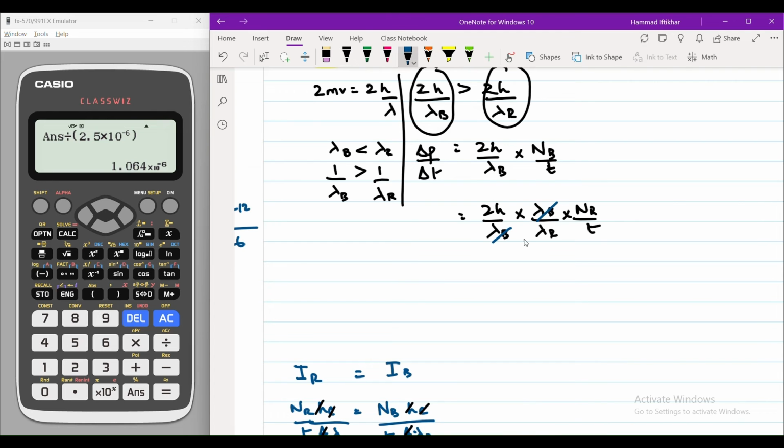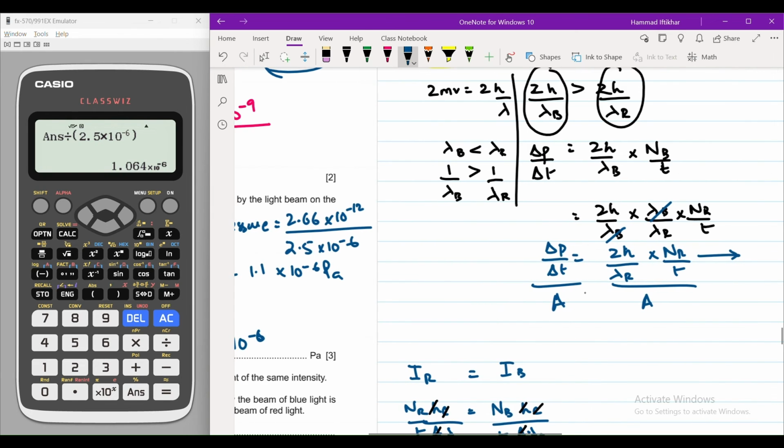So lambda b gets cancelled. This ends up being 2h over lambda r times the number of red photons per unit time. As you can see, this is exactly the rate of change of momentum for the red photons. Since they are incident on the same cross-sectional area, the pressure exerted by the blue photons will be the same as that of the red photons.